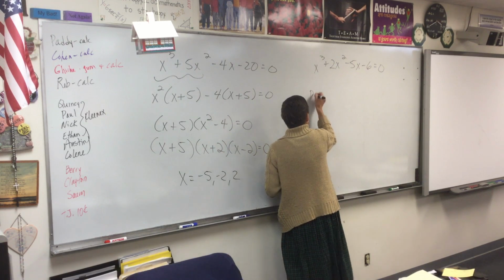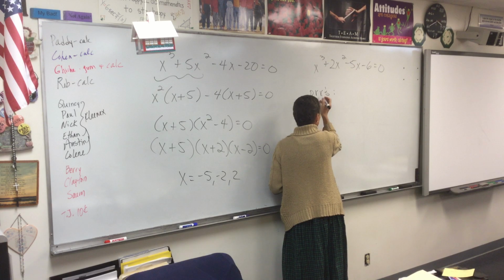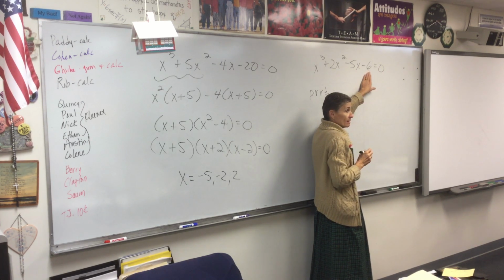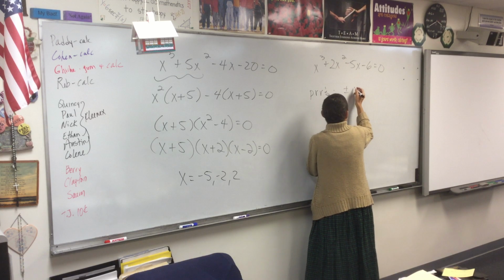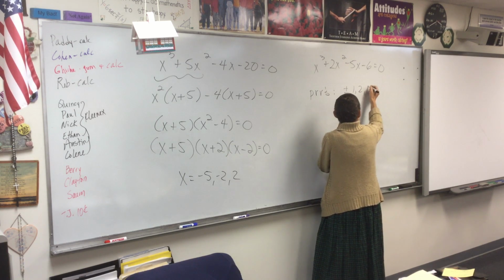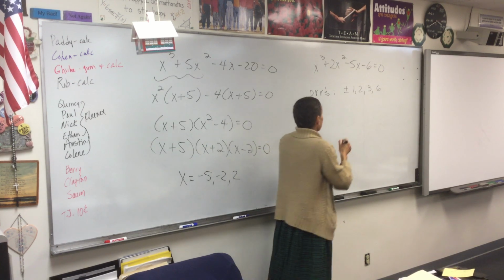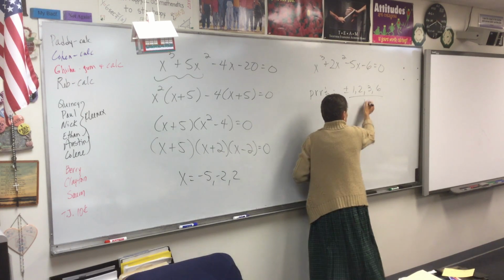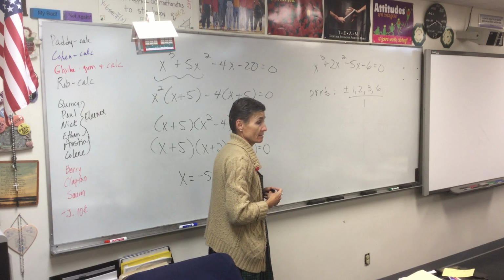So if we want to narrow down our guesses, our possible rational roots would be factors of 6, so plus or minus 1, 2, 3, and 6, over factors of 1. So these are the numbers you're going to guess.